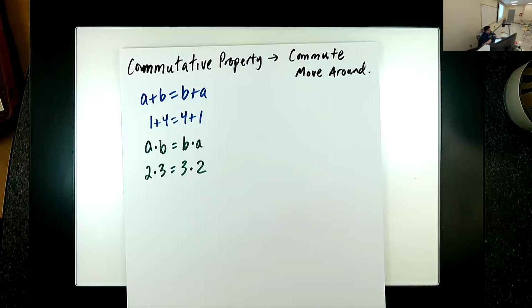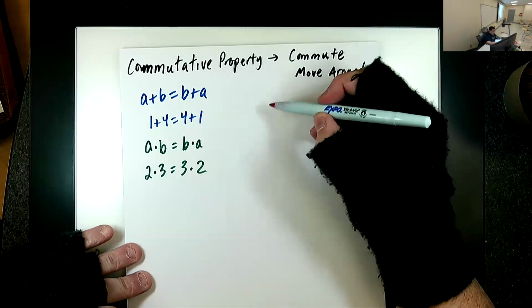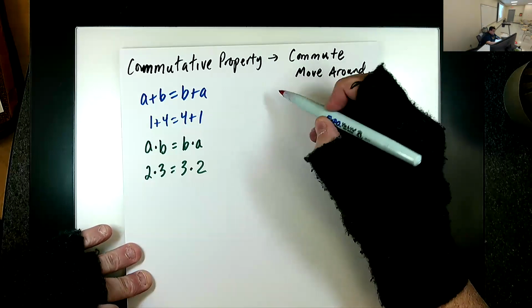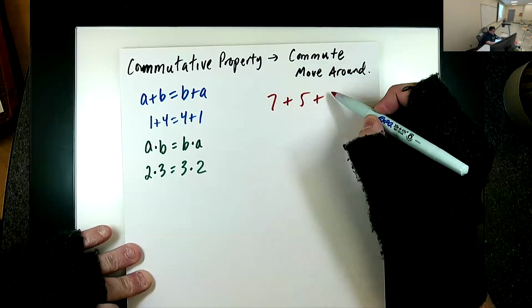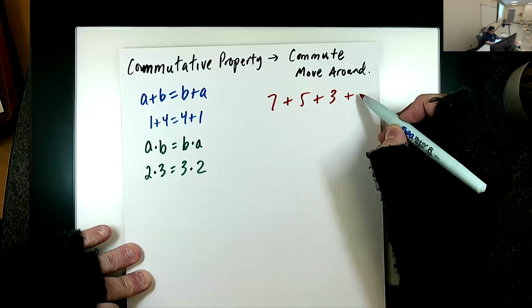So I'm going to show you and explain how I would do it. Let's say I had the numbers 7 plus 5 plus 3 plus 10.